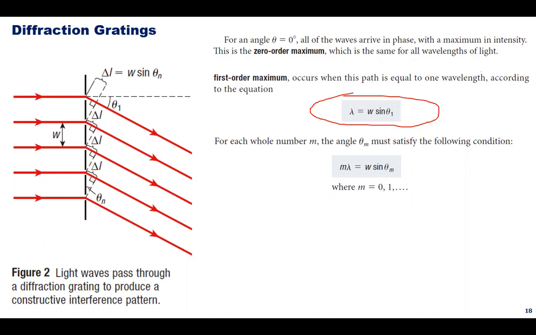For each whole number m, the angle theta m must satisfy the following condition: m lambda equals W times sine theta m, where m equals 0, 1, 2, 3, and so on. This corresponds to a path that differs by a whole number multiple of wavelengths.